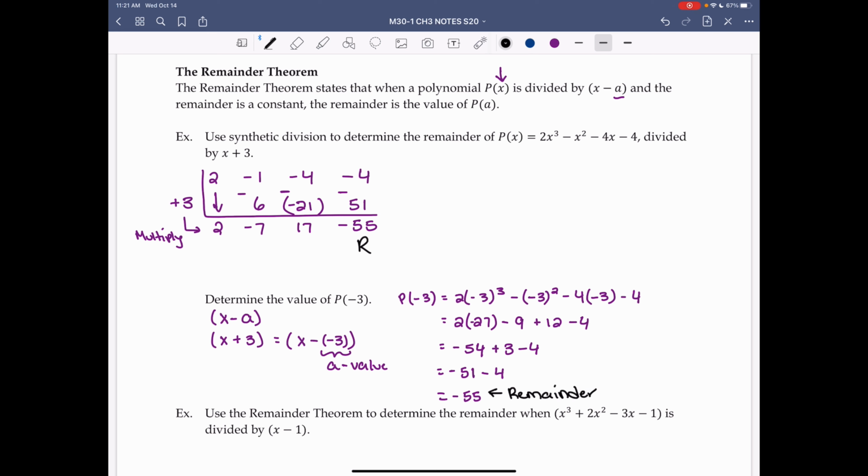So the remainder theorem allows us to determine what the remainder would be without having to actually use long division or synthetic division.